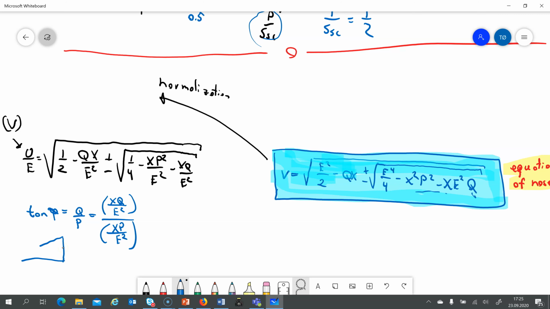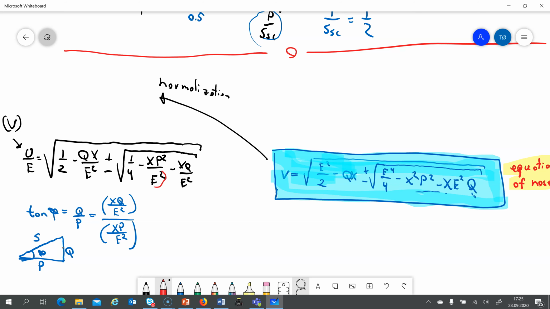Remember that angle phi is P Q S in the power triangle. And now we get a more general equation that is more representative and easier to use actually.